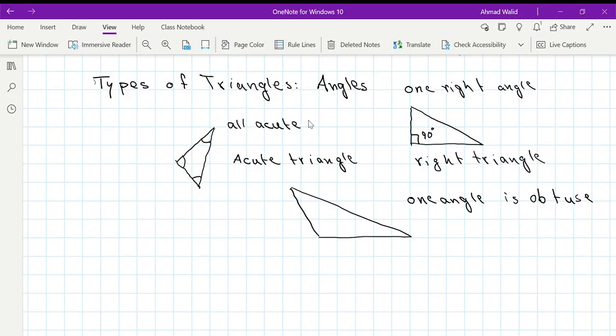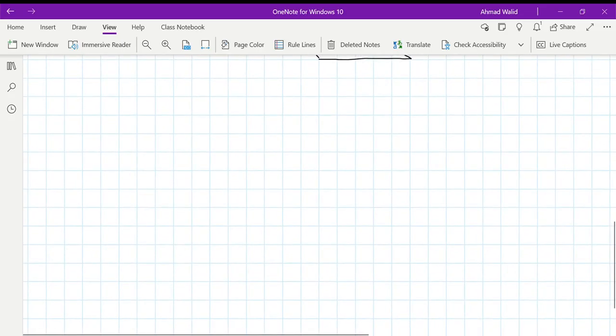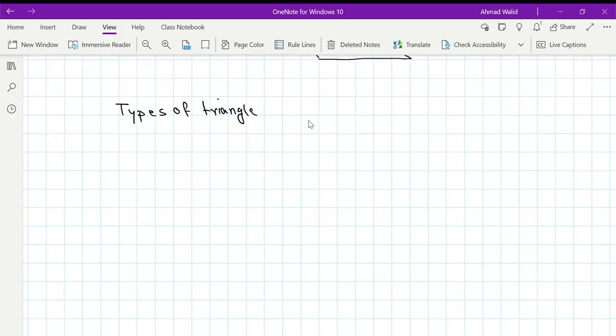Now, you can name triangles also based on their sides, correct? Or I can write here types of triangle, but we are looking at their sides, correct?